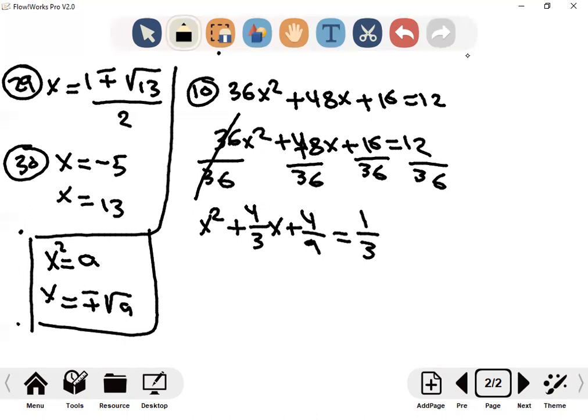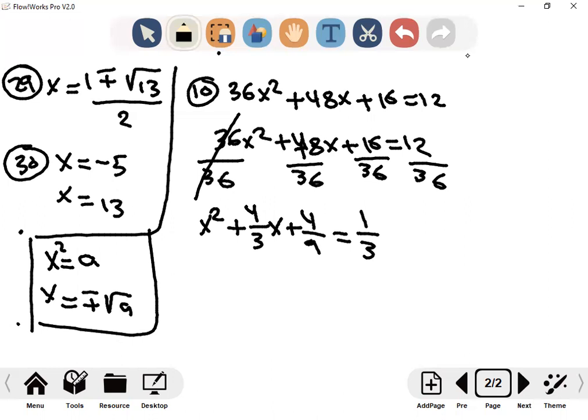Now remember when we check the half of this number power 2, if we have this number or no? Now, what's the half of the 4 over 3?